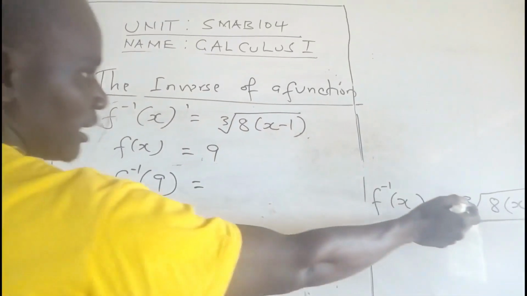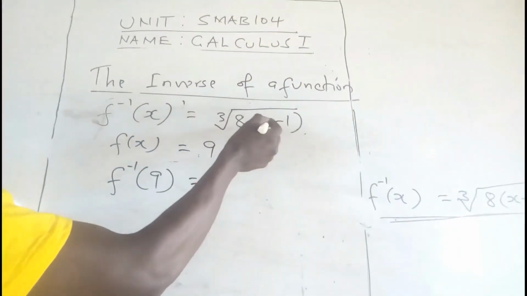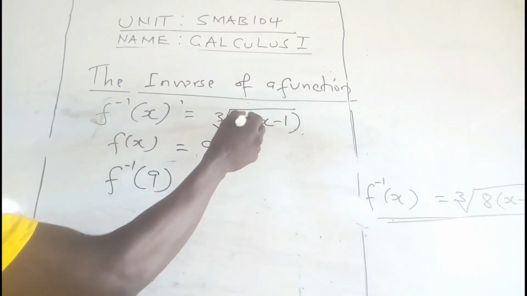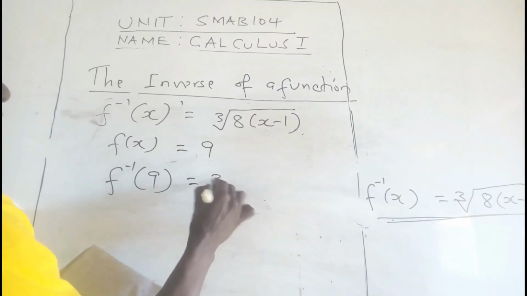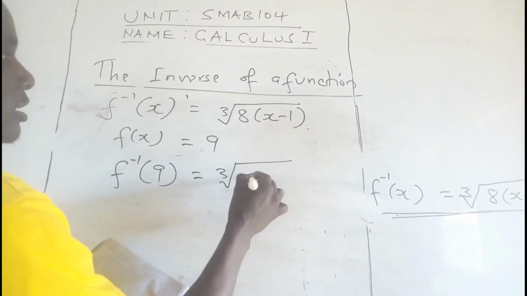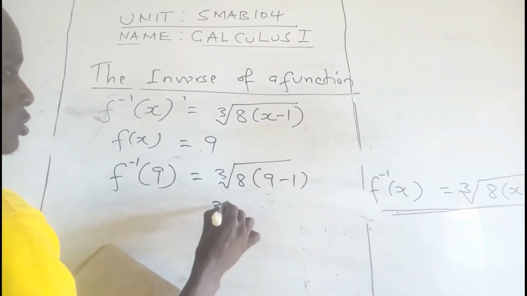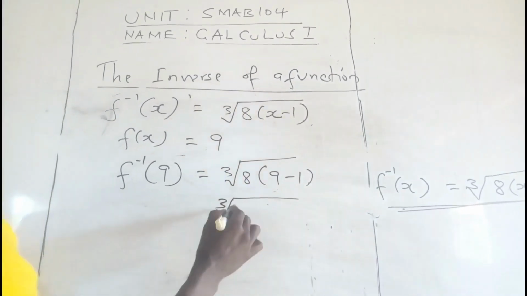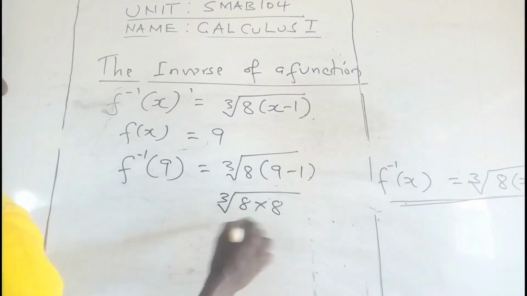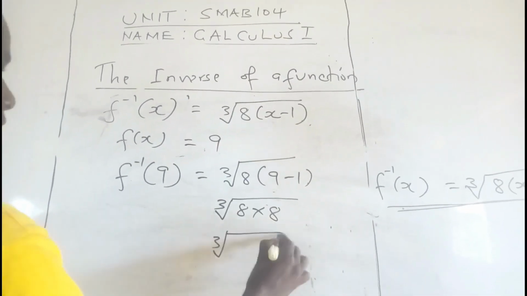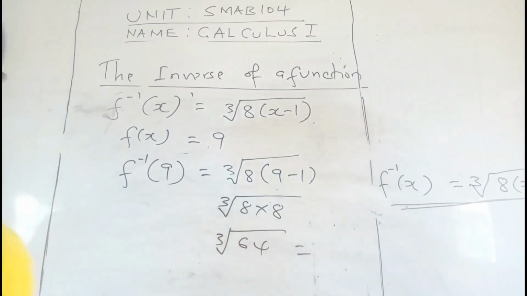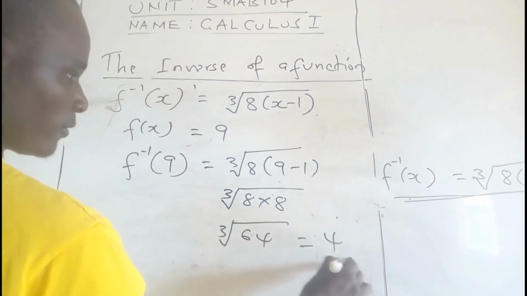If we plug 9 into the inverse, we'll have the cube root of 8 into bracket 9 minus 1, which gives us the cube root of 8 times 8, which is the cube root of 64. And the cube root of 64 is the same as 4.